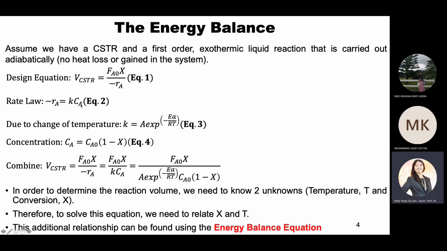Kita tahu concentration kalau kita nak express dalam bentuk conversion, CA sama dengan CA0 in bracket 1 minus X. Okay, so example kita buat example. So kalau kamu ingat dalam chapter 4, kita akan combine equation 1, equation 2, equation 3, equation 4. So bila kita combine, kalau kamu tengok, kita nak cari volume, so it become FA0X.